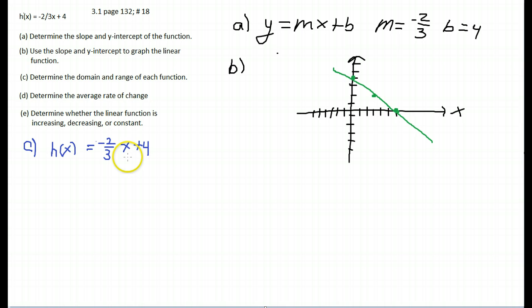I could plug in positive numbers and I will still get an answer for h of x. If I put negative numbers in for x, I'm still going to get an answer. I can still put 0 in and I will get an answer. So our domain is all real numbers.